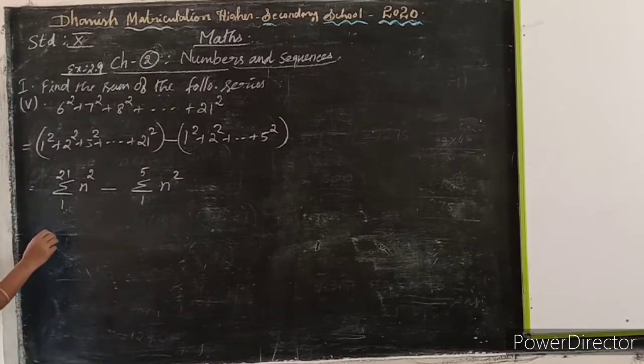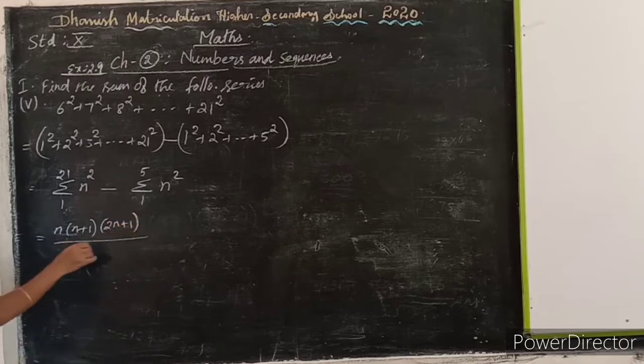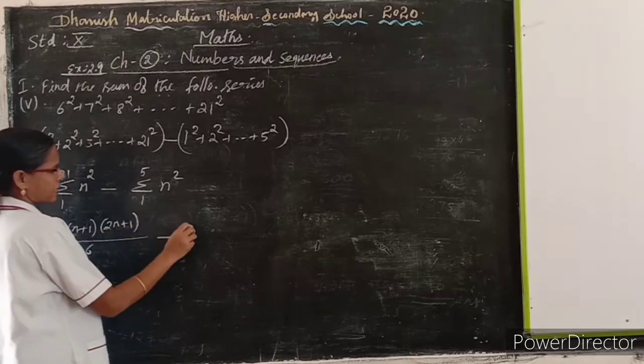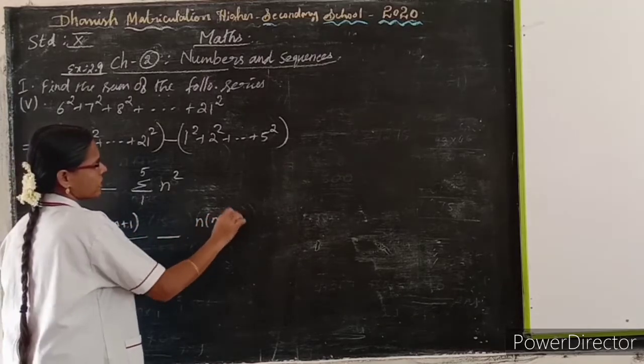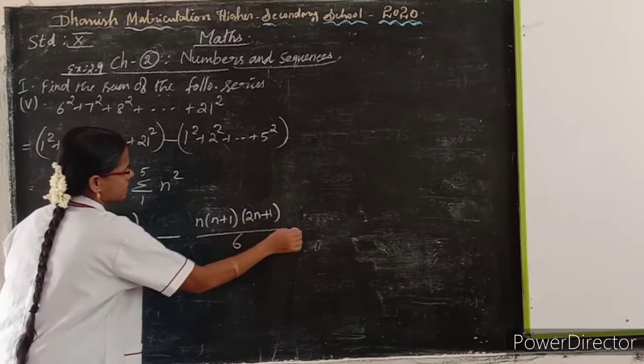Formula is n into n plus 1 into 2n plus 1 by 6, minus here also n into n plus 1 into 2n plus 1 by 6.